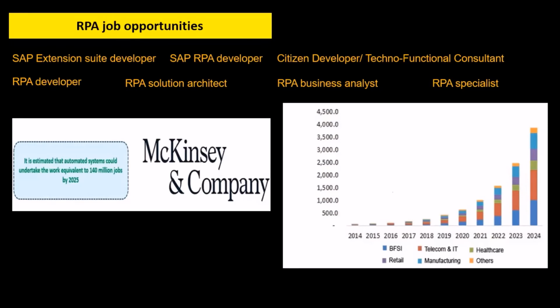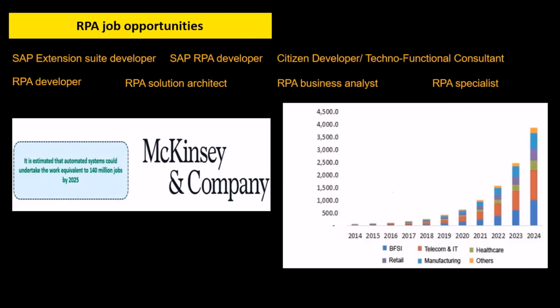As job titles, you can go with SAP extension suite developer. Someone was asking about the integration part, and here you can become an extension suite developer. SAP RPA developer, independently also you can practice and consult to any company. Citizen developer, that's what their focus is. As a functional person, you can become a techno functional consultant.